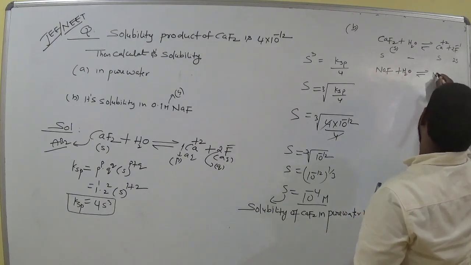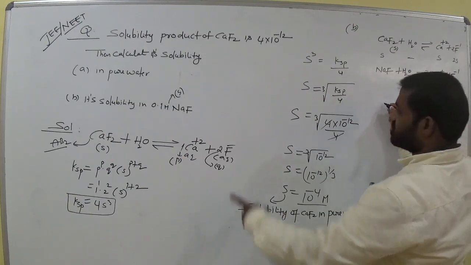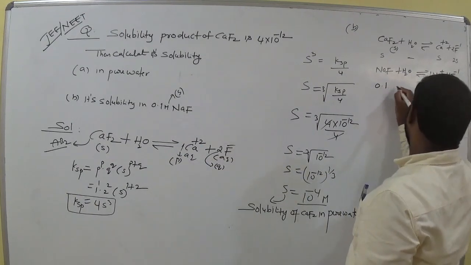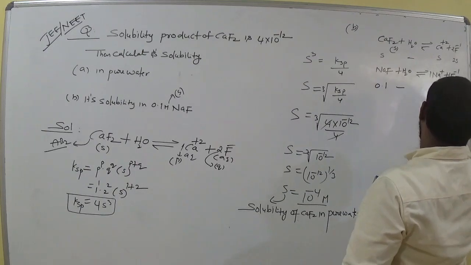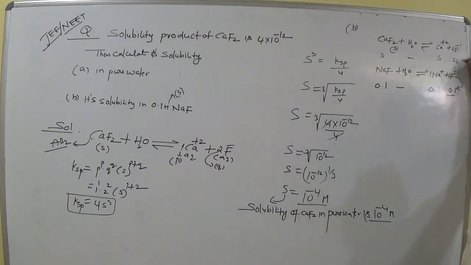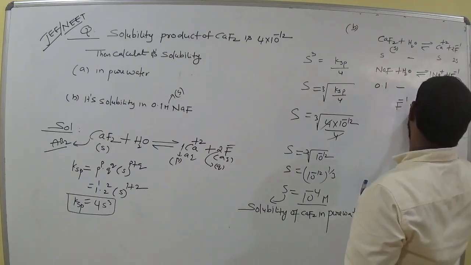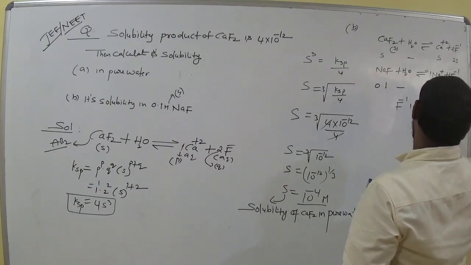Now what does it give? Na plus and F minus, 1 and 1. The solubility is 0.1, so 1 into 0.1, 1 into 0.1. F minus is the common ion, you know, F minus is the common ion.